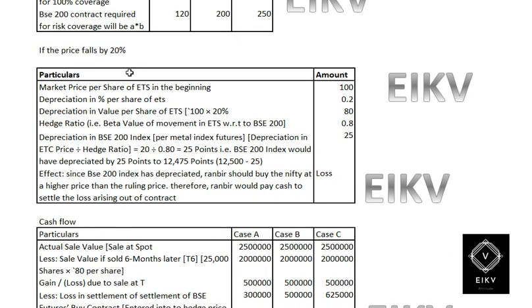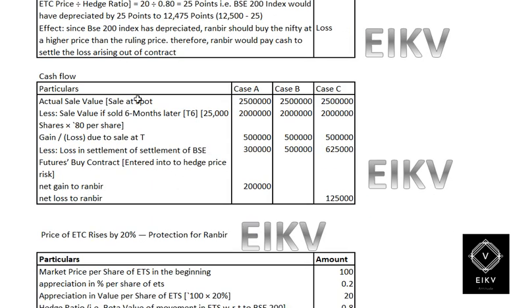Here we have the cash flow statement. Particulars: case A, case B and case C. The actual sale value would be 25 lakhs, and the sale value 6 months later, that is 25,000 into 80 per share, will be 20 lakh, so there will be a gain of rupees 5 lakh.